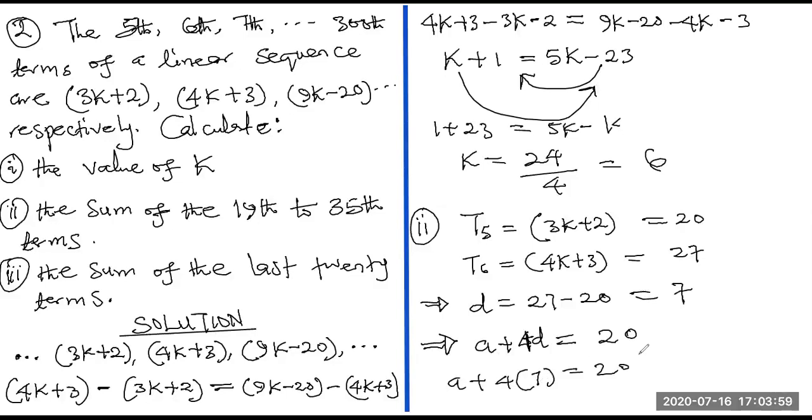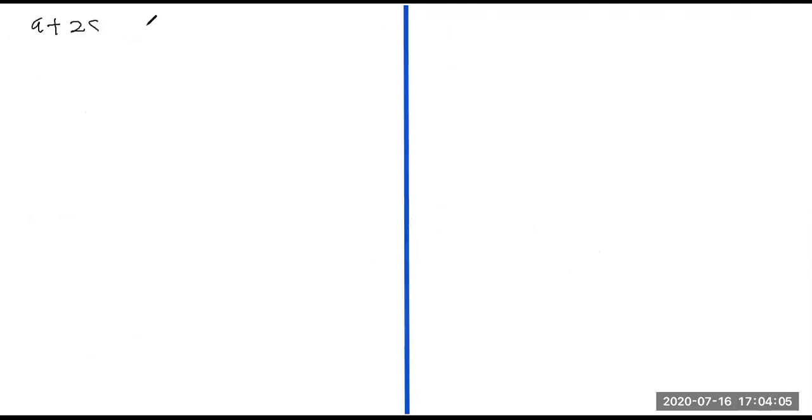And 4 times 7 is what? 28. So a plus 28 is equals to 20. So when this one goes over there, it becomes minus. A is equals to 20 minus 28, which is equals to minus 8. So our first term is minus 8. Alright, is that understood? Alright, perfect.